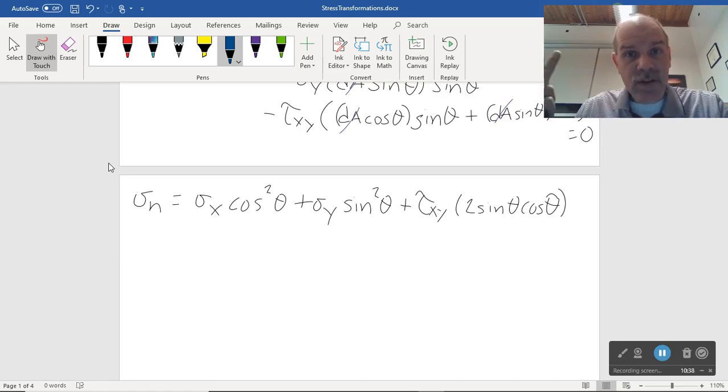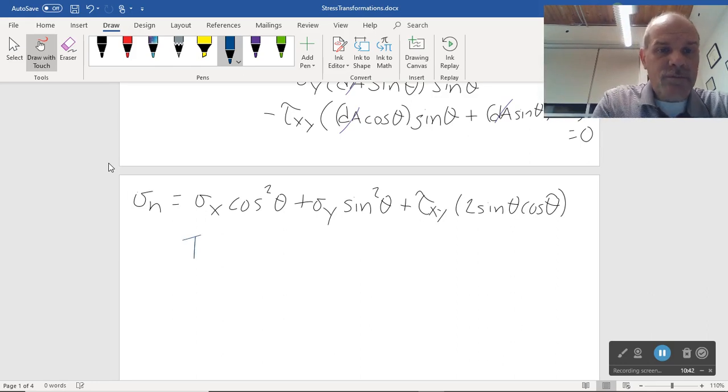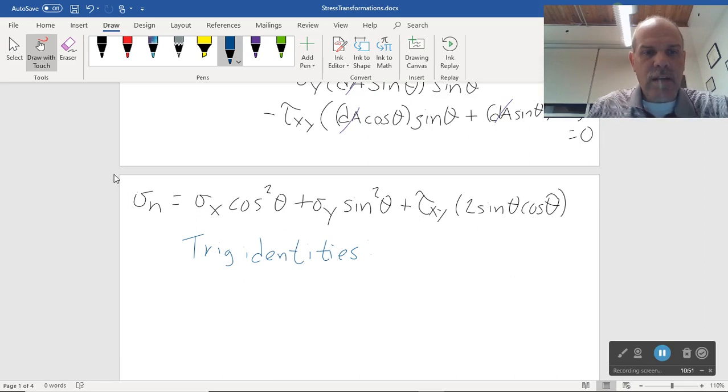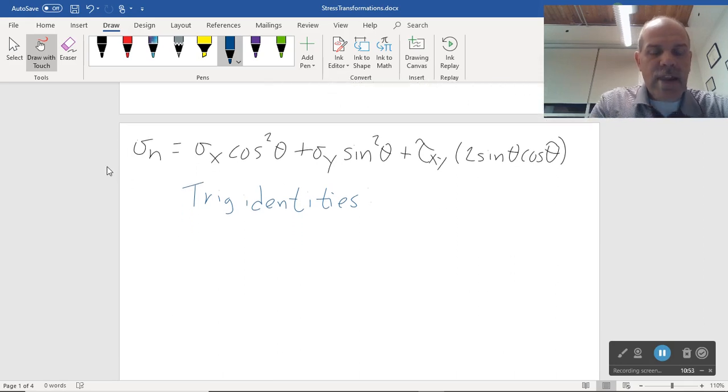And if you remember the sums of the cosines and sines of 2 angles, what we can say with some trig identities is that cosine squared theta is equal to 1/2.